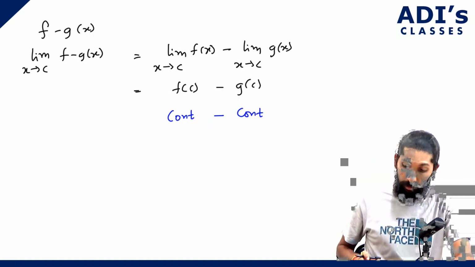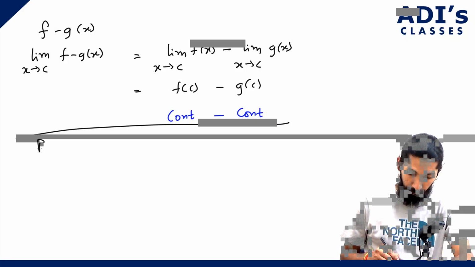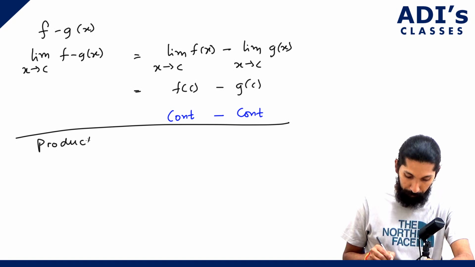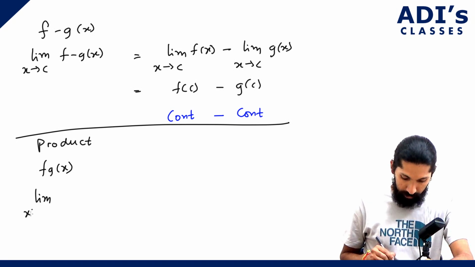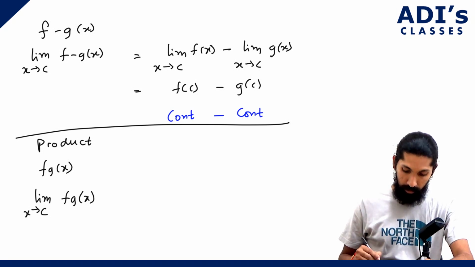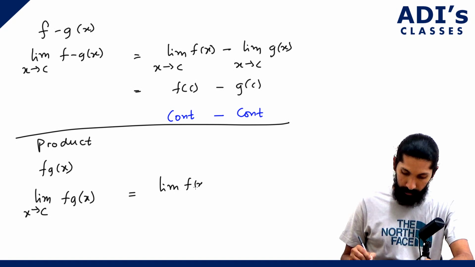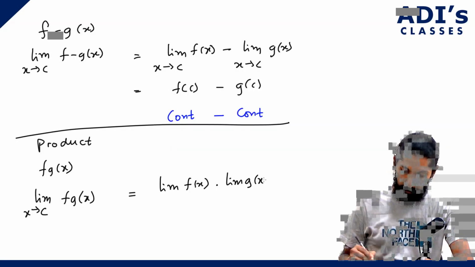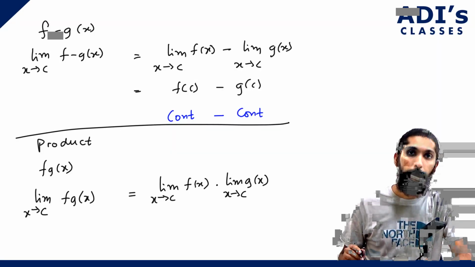Understood? Now, if you are doing the same thing for the product part, see, this is the difference. f into g of x, correct? So, limit as x tending to c of f into g of x. This basically is limit of f of x into limit of g of x, as x tends to c.